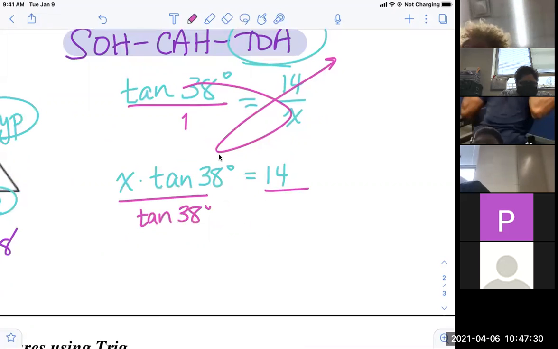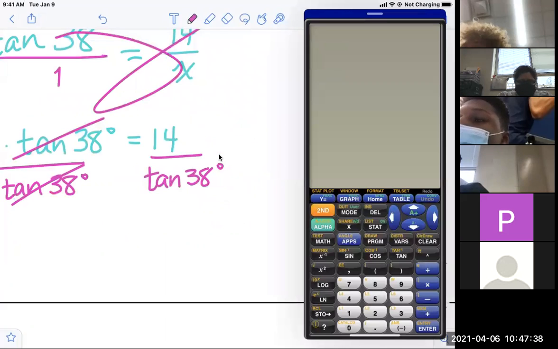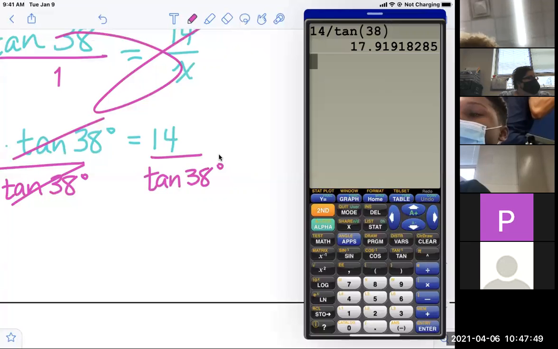Okay, so grab your calculator and make sure you know how to do it; sometimes division on the calculator is a little weird. If you have certain calculators, it understands what you mean a little better than others. Type that in the calculator, make sure you're using it correctly: 17.9.